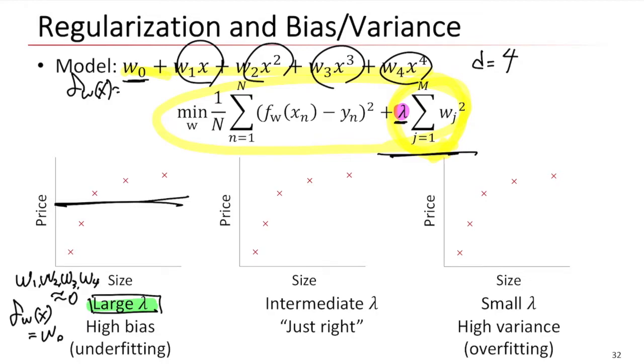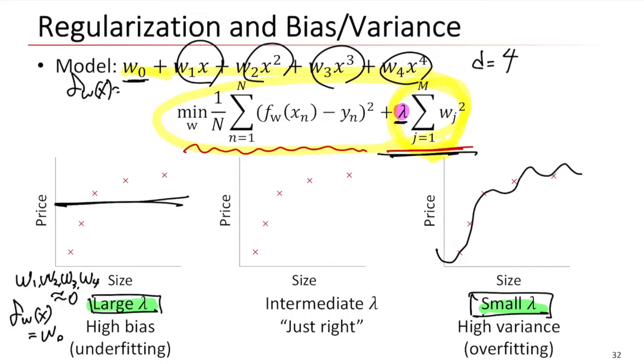Or if we just use a small lambda value here, we will ignore this term and just minimize this cost function, which generates some kind of overfitting problem as we discussed previously. So it will generate the high variance or overfitting problem.